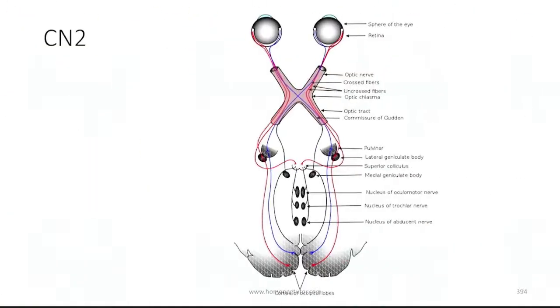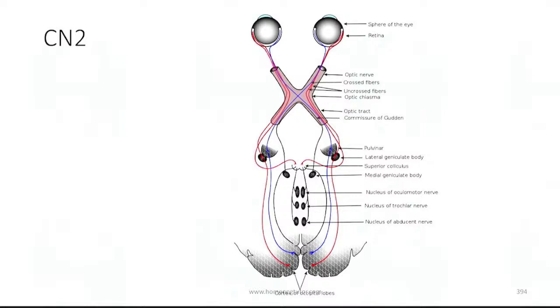Next one is the second one, optic nerve. Optic nerve is important because of its clinical significance. It is the second cranial nerve, and what does it transmit? It transmits vision.